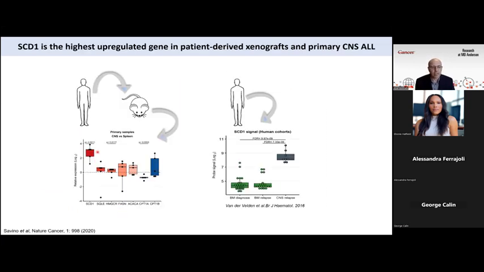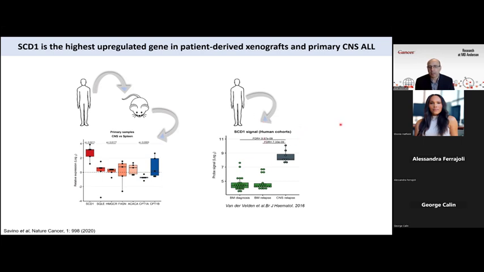So we saw it in the mouse cell lines. Now we looked in patients, based on primary samples from CNS versus spleen, comparing patient tumors. We see again the increase in all of these genes, particularly the SCD gene going up quite dramatically.